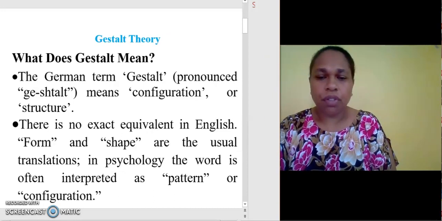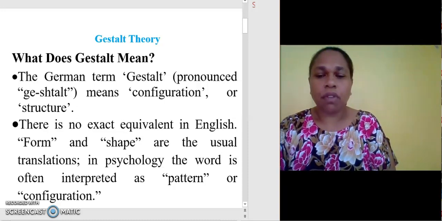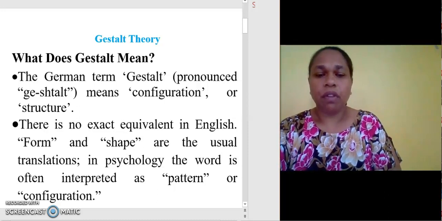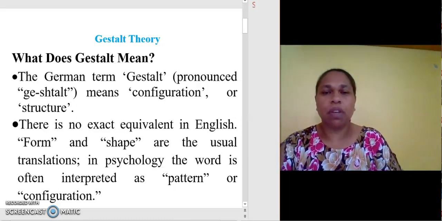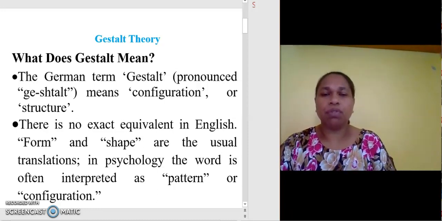The term describes how something put together is often translated into English as a form or shape or unified whole. There is no exact equivalent in English. Form and shape are the usual translations. In psychology, the word is often interpreted as pattern or configuration.